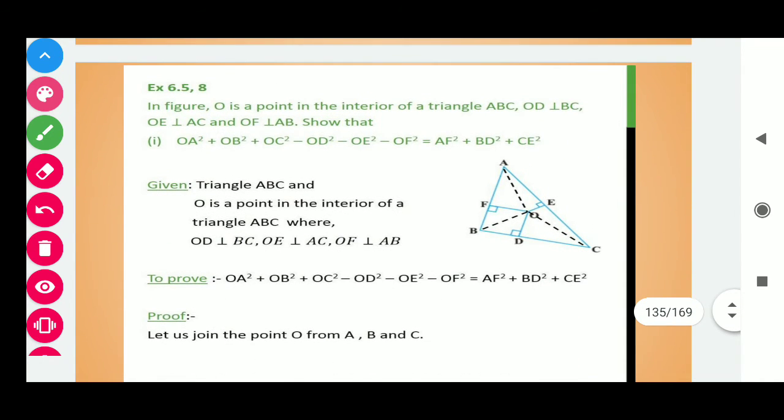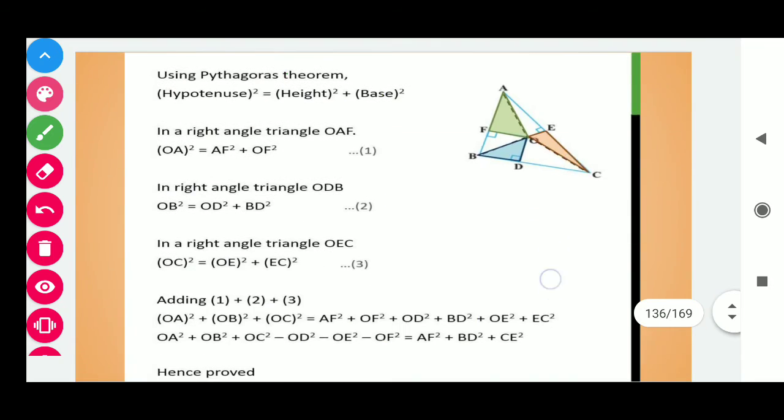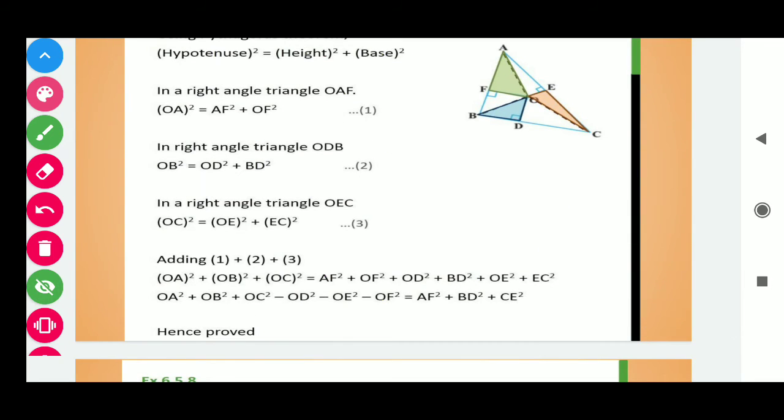Compare the right hand and left hand side. So in this way, we get the right hand side and move the rest of the terms to the left hand side. In this way, we get OA square plus OB square plus OC square minus OD square minus OE square minus OF square. So this is the required result, hence proved.